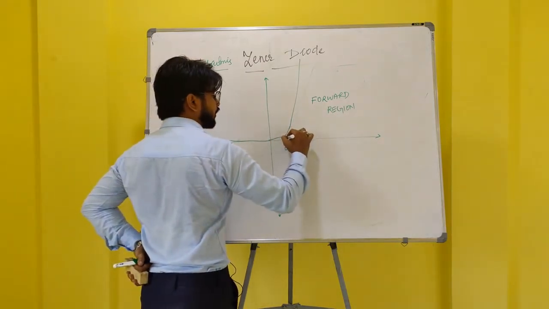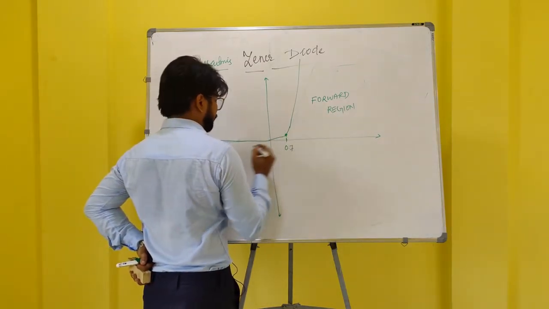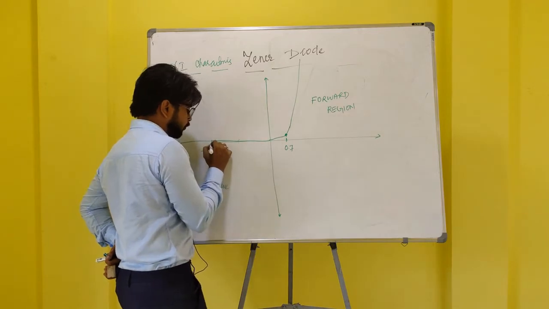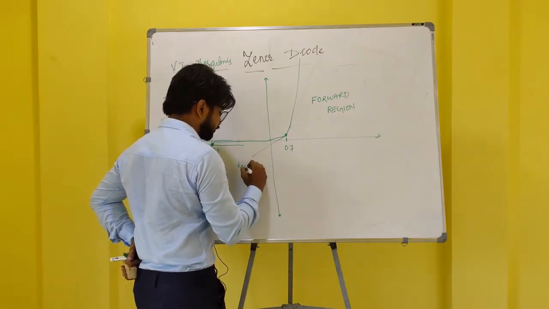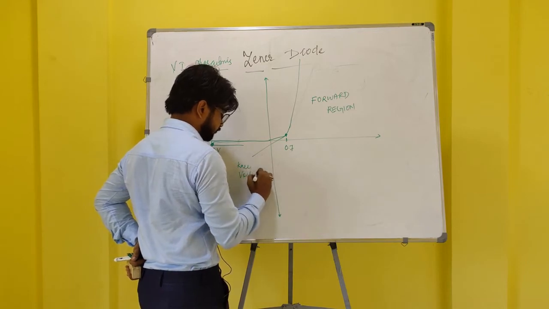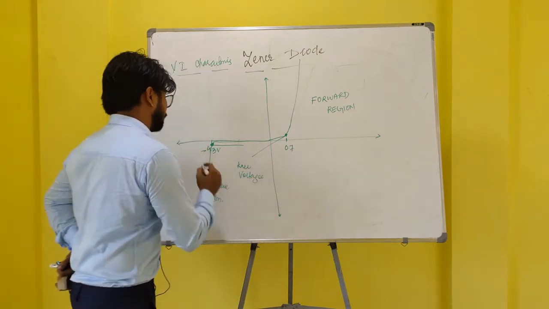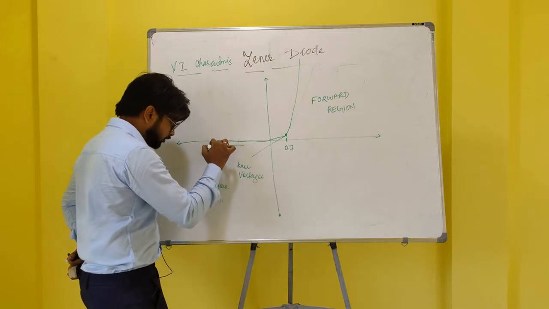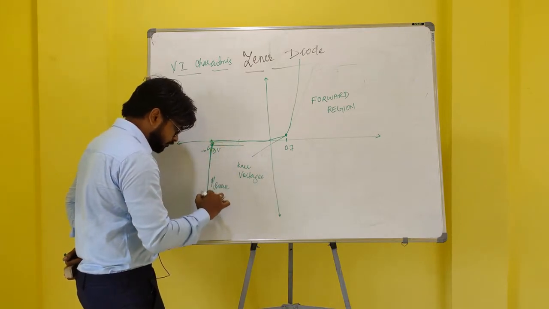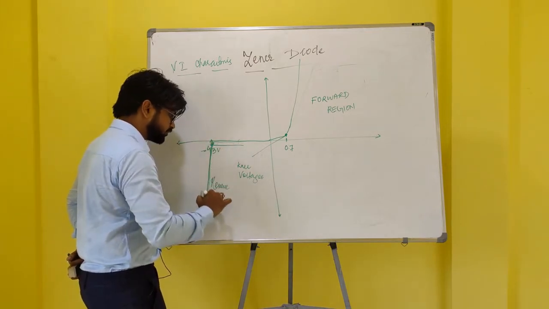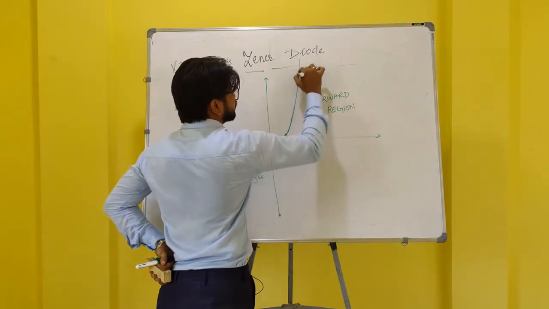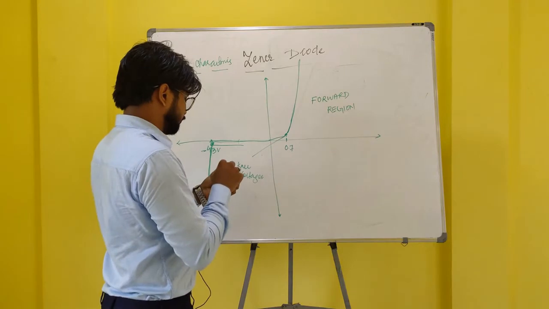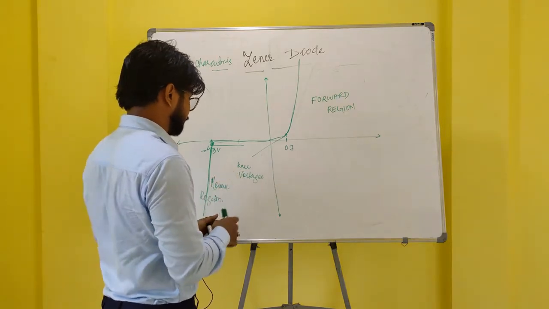Now, this 0.7 volts and exactly this 4.3 volts are called knee voltages. At this point, the Zener diode starts conducting in the reverse direction, and at this point, the Zener diode starts conducting in the forward direction.